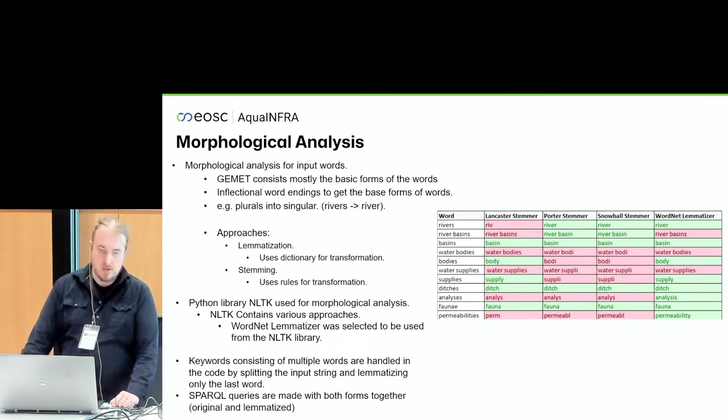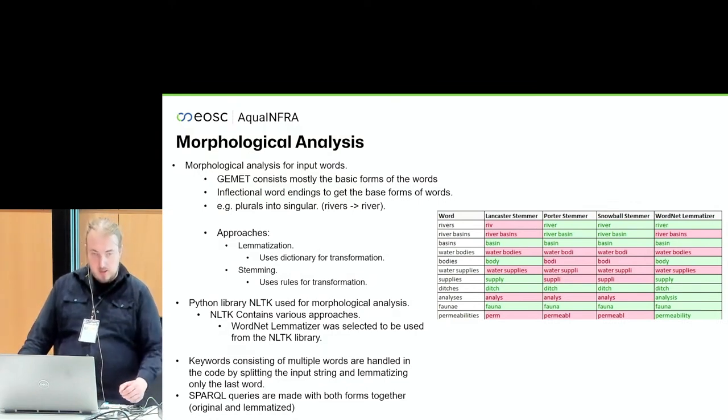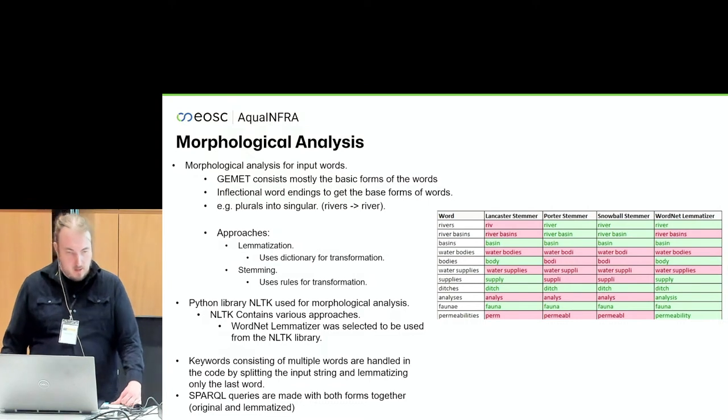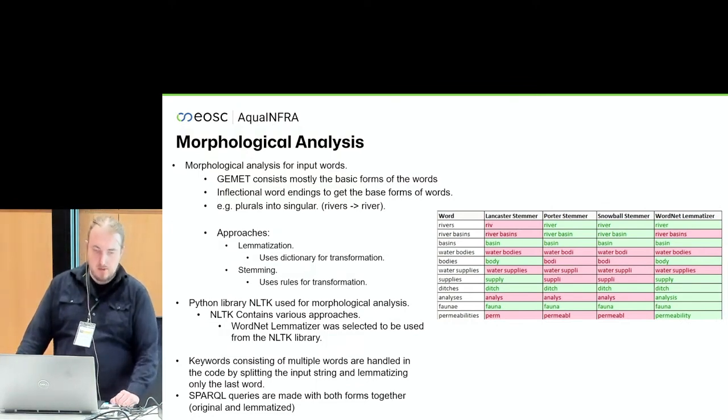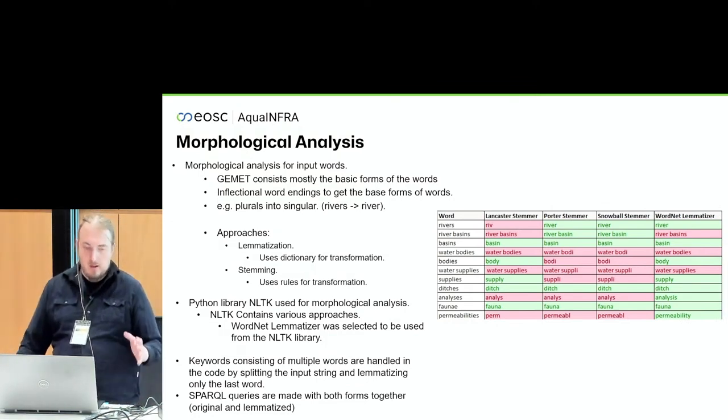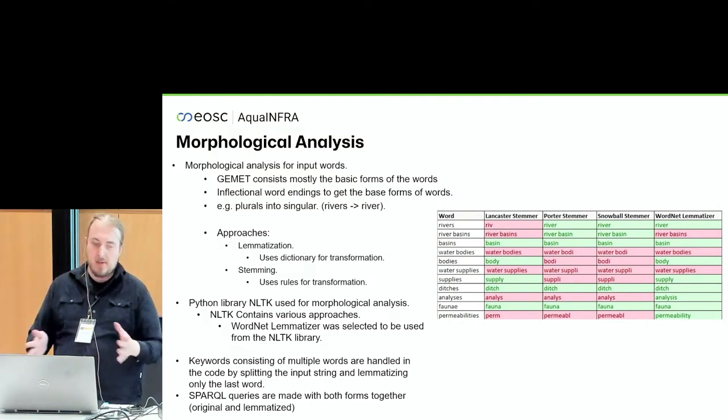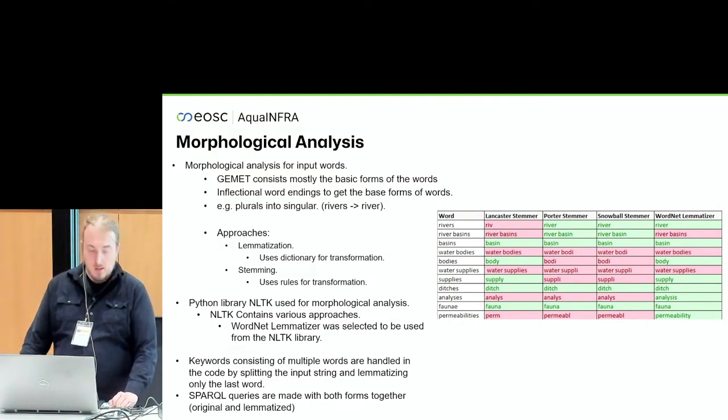And then we perform some morphological analysis on the input words. So the GEMET data consists mainly of basic forms of the words. So if we want to use also, for example, plurals, we might want to find the basic form of the plural input word.